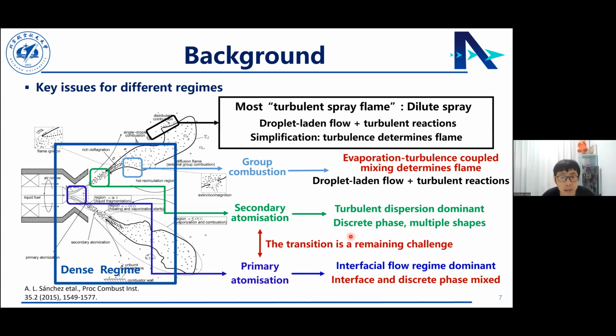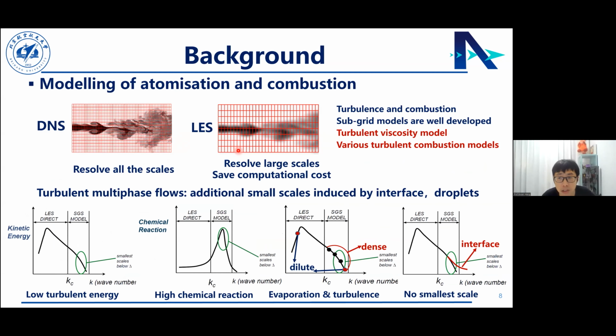In large eddy simulations, only the large scales are resolved, and the computational cost is relatively reduced. In single phase turbulent combustion, as well as dilute spray combustion, the subgrid models are well developed, and the turbulent viscosity model and various turbulent combustion models are used here.